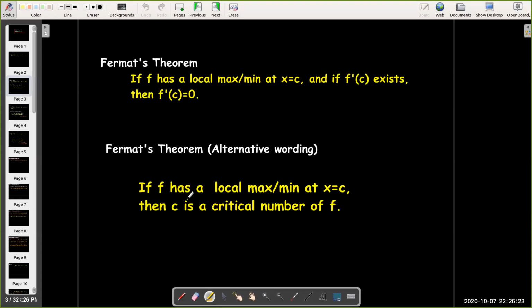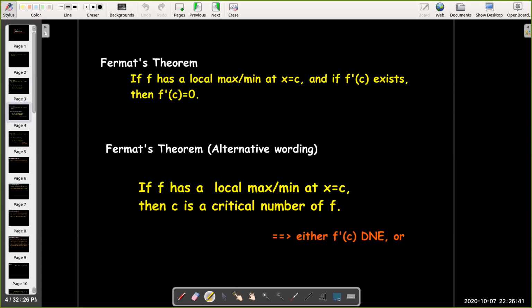If f has a local maximum or a local minimum at x equals c, then c is a critical number of f. So think about how it's the same theorem stated a different way.